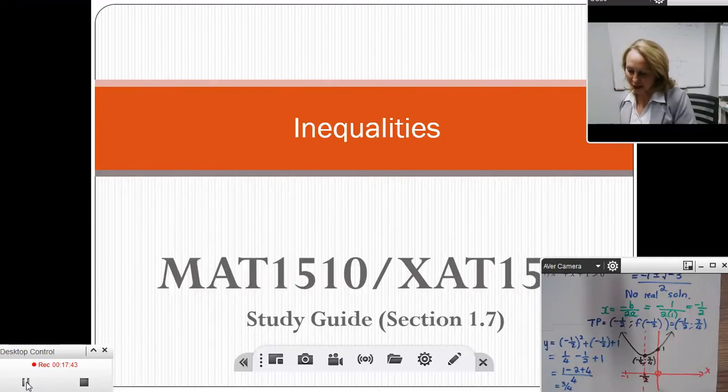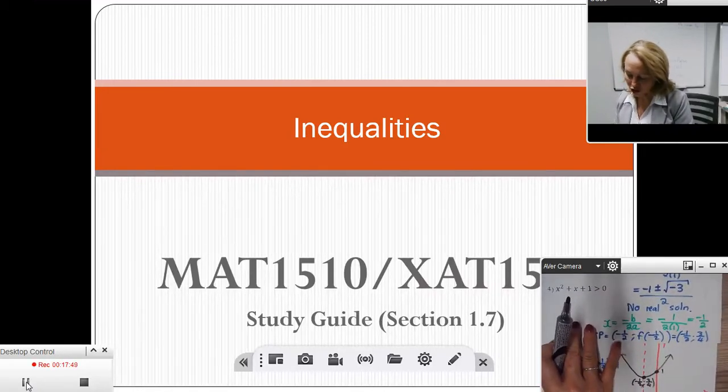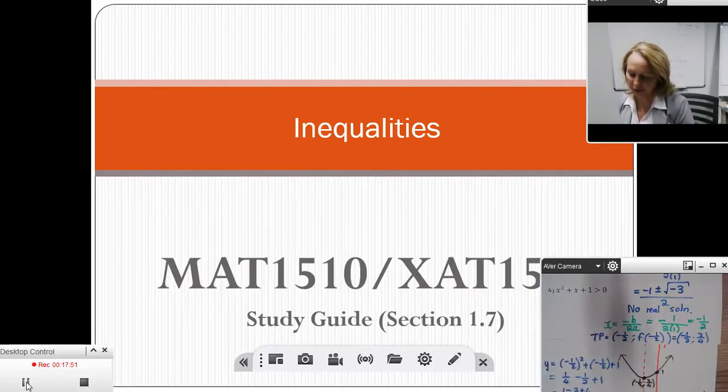So coming back to the question, which asked for which values of x is the quadratic x squared plus x plus 1 less than 0 for question 3, we see that this parabola will never lie below the x-axis.